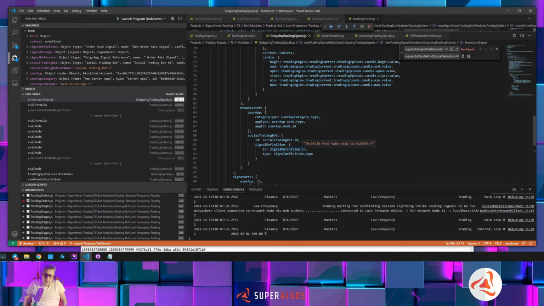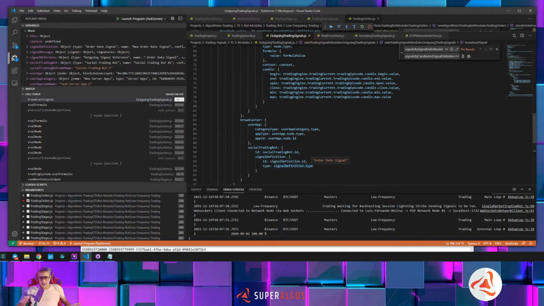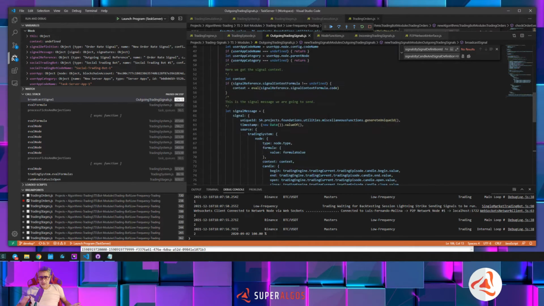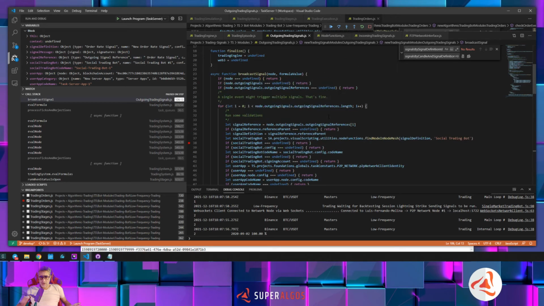Wow, this is strange. Signal definition type is order rate signal. Why? Order rate signal. What is going on here?